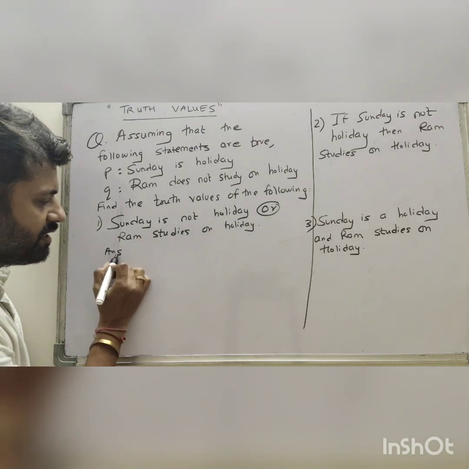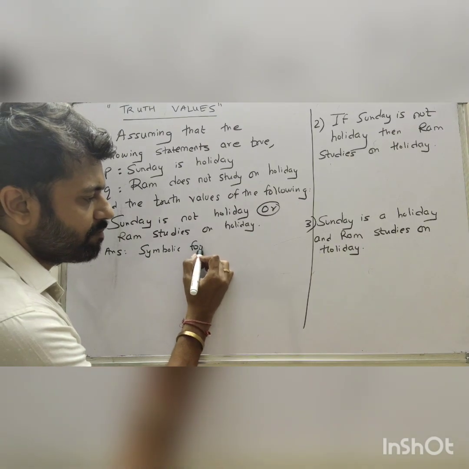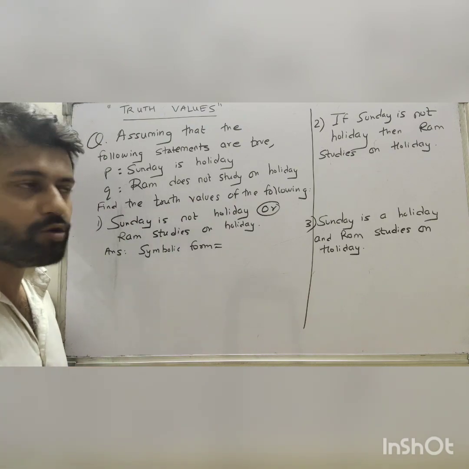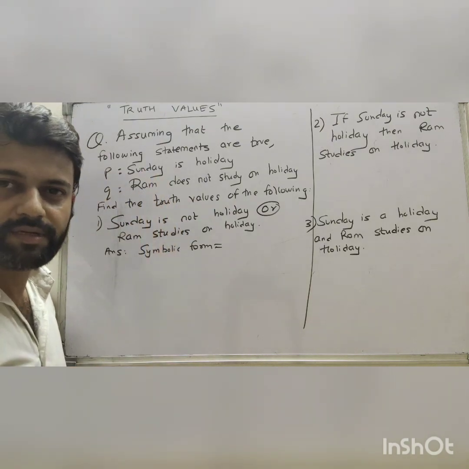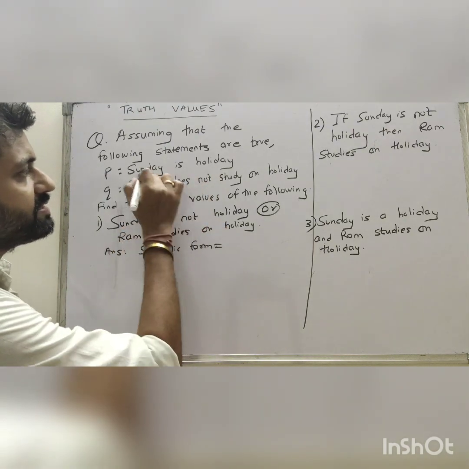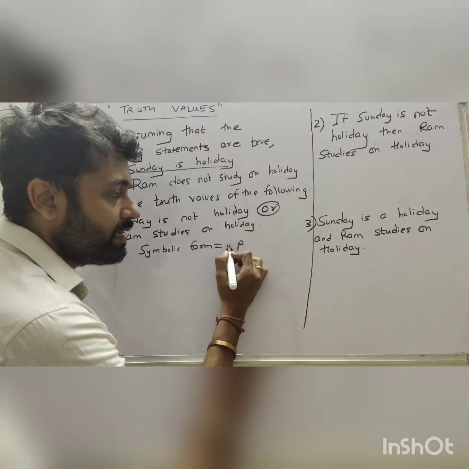Well, the answer to this will be given this way. First, we should write in symbolic form. There is no need to do assumption of P and Q because they have already been given. Sunday is not holiday.